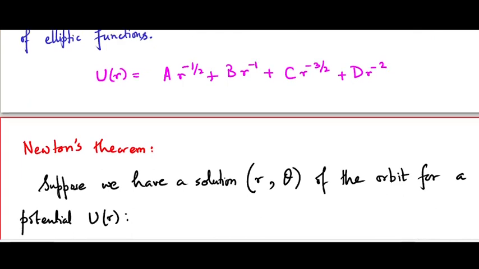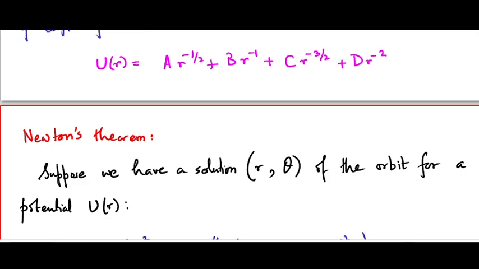Suppose we have a solution for the orbit, that is r as a function of theta or theta as a function of r, for a given potential U of r. Here I mean that we have a general solution, valid for any energy E and any angular momentum L, so for any arbitrary initial condition.